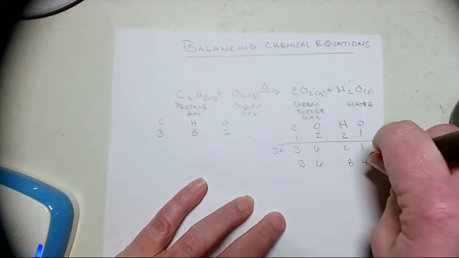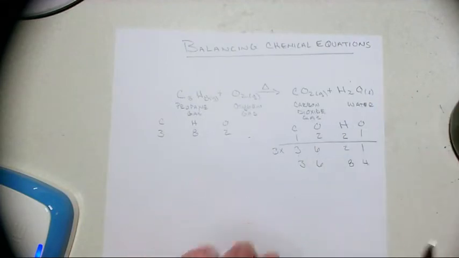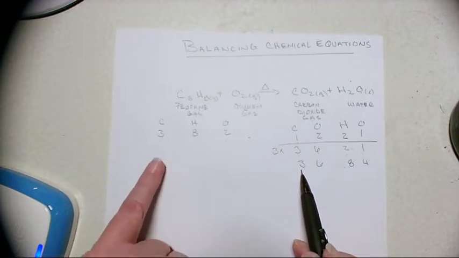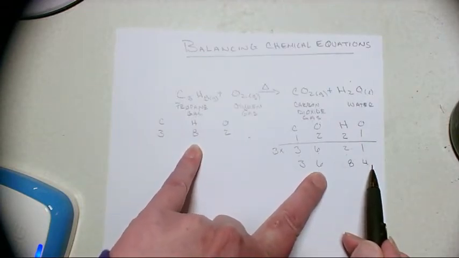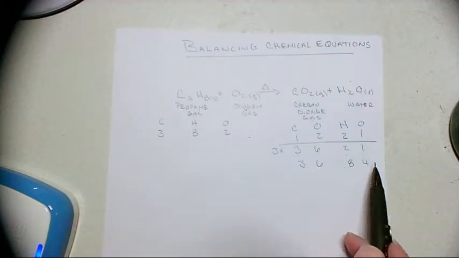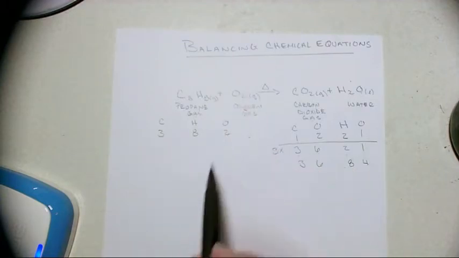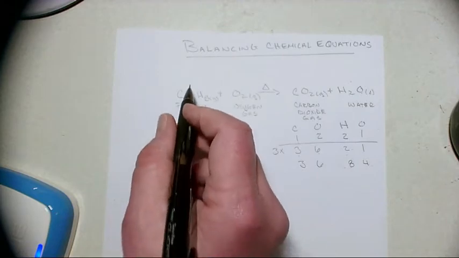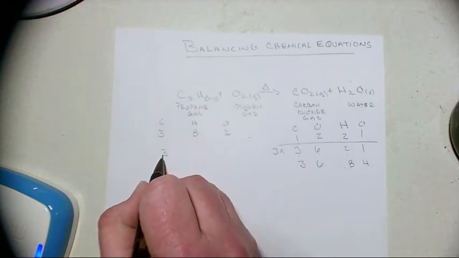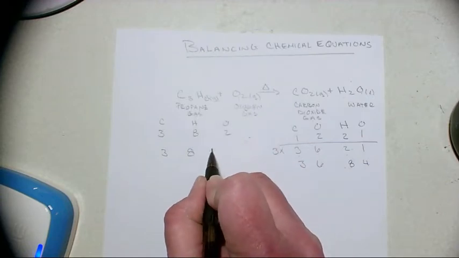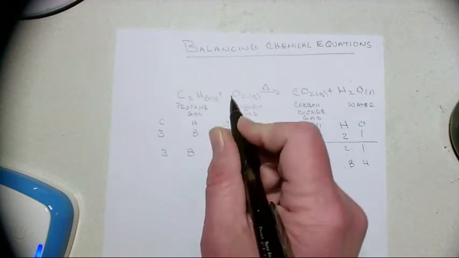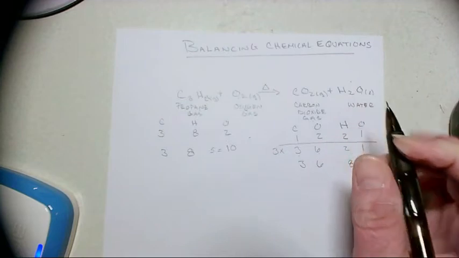So it's not confusing, so we're not thinking we're adding more into it. So 3 we're good, 8 we're good, 10 we're not good. So the only thing that we need to tinker around with is we need 10 oxygen. So we'll leave this guy as it is, the 3 and the 8, and we'll multiply this by 5, and we get 10. So we multiplied this by 4.